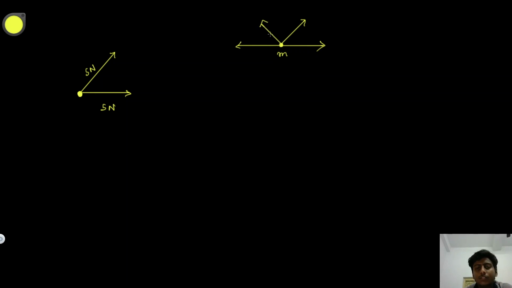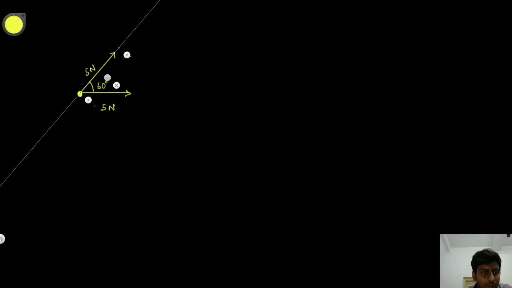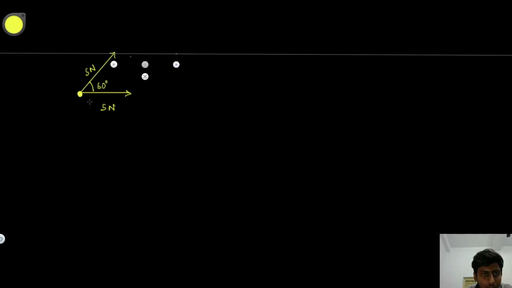So similarly, if we need to add these two vectors and the angle between them is 60 degrees, first let's find out the magnitude of the resultant vector. By parallelogram law or triangle law, whichever you wish, say I am applying the parallelogram law, so I need to complete this diagram first and form a parallelogram. I would form a parallelogram in this manner.